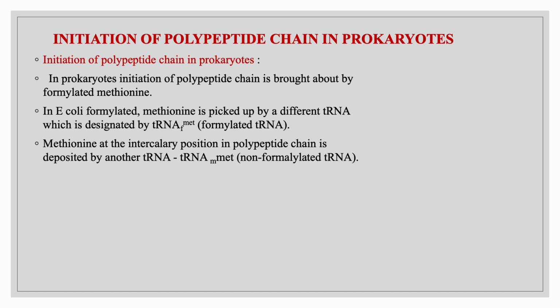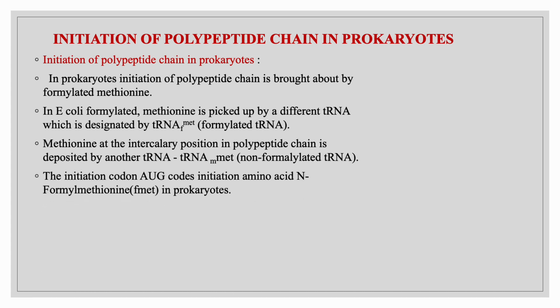Methionine at the intercalary position in the polypeptide chain is deposited by another tRNA, tRNA M-met, that is, non-formylatable tRNA. The initiation codon AUG initiates the amino acid N-formyl methionine in the case of prokaryotes.